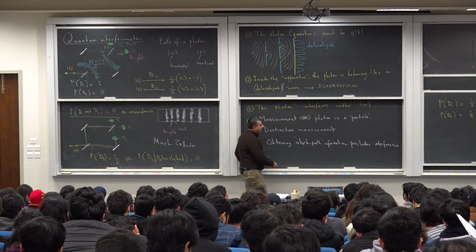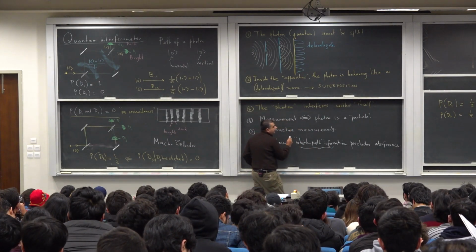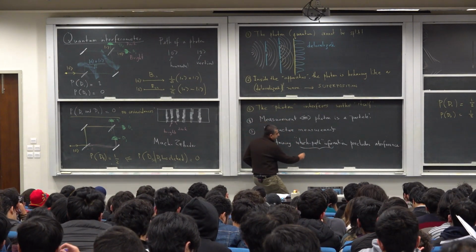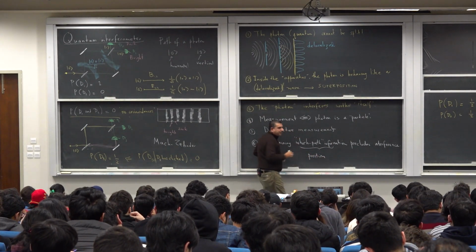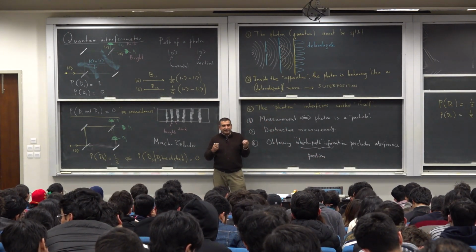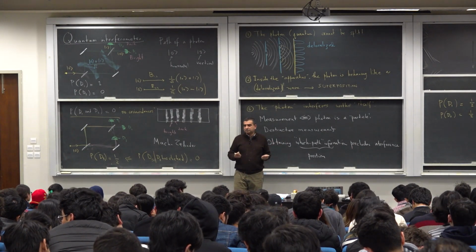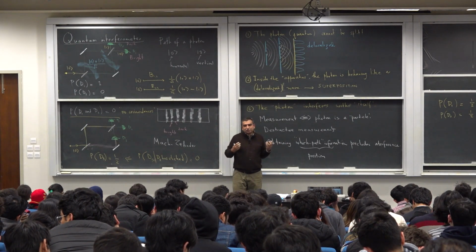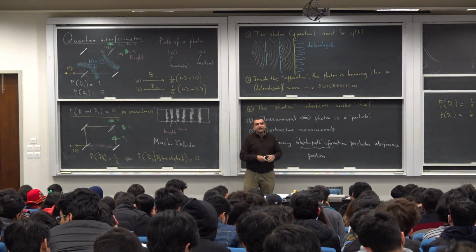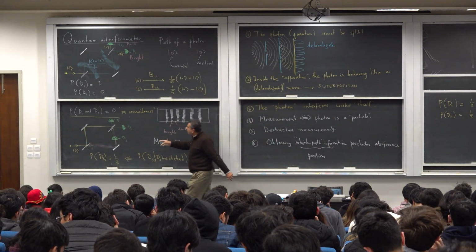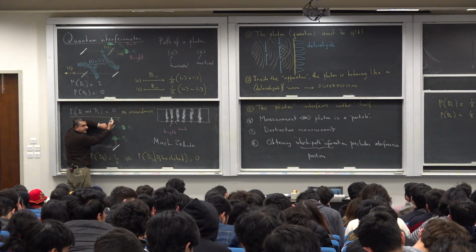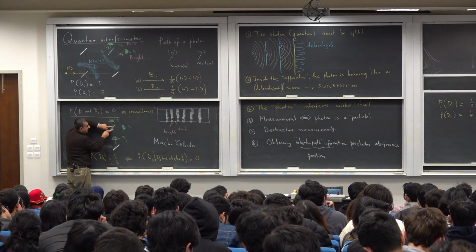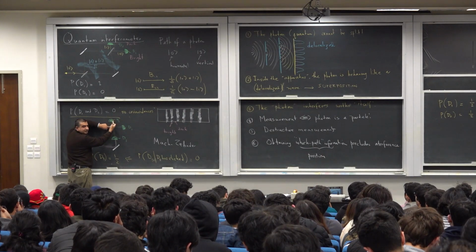Now, which path information, quantum physicists like to call this position, right? So if you talk about which path an object is taking, let's call it position. And interference really is about which direction the photon takes as it comes out of the interferometer, right? Horizontal or vertical.